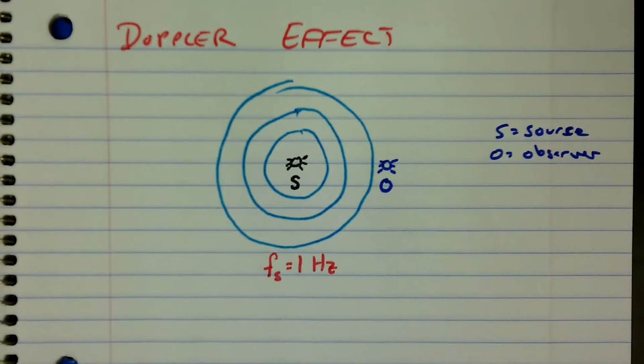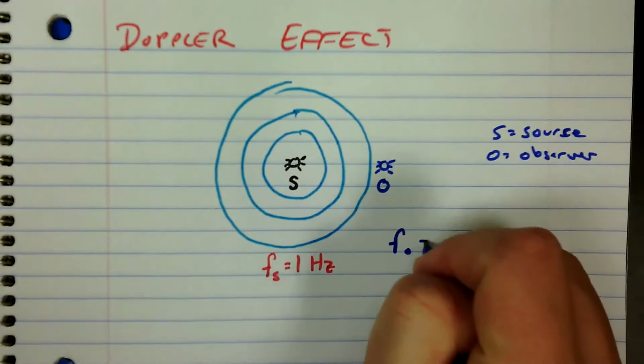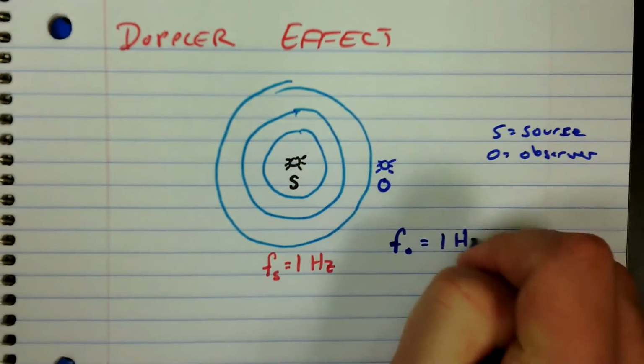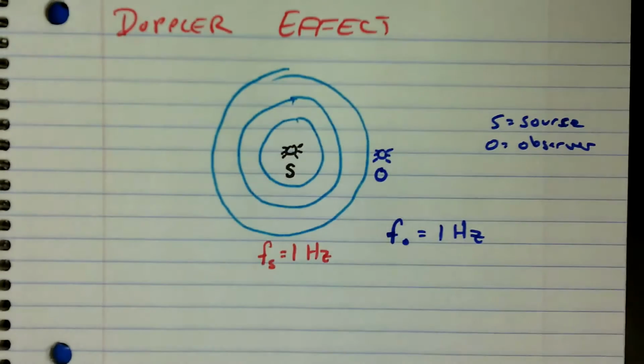You're jumping at 1 hertz, making ripples. And over here, what frequency is your friend bobbing? Yeah, 1 hertz. It's the same, right? So in this case, the frequency of the observer is 1 hertz. That's basic, right? That's one idea here.